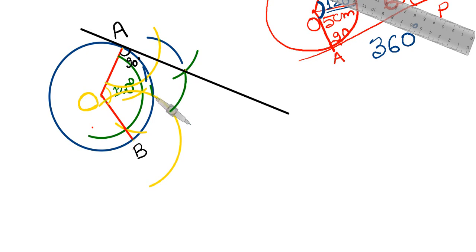From this point, again draw an arc. Now put this compass here again.